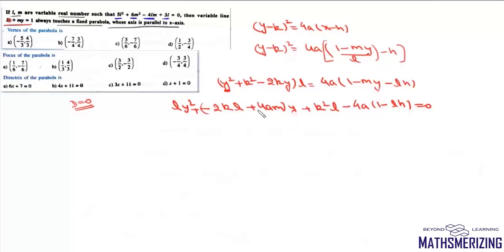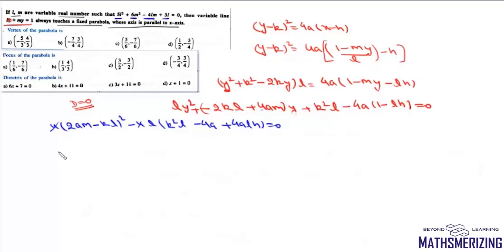So we'll take 2 common, so there'll be 4, and then 2am minus kL whole square, and then minus 4L times k square L minus 4a plus 4aLH equals 0. So this 4 and 4 will cancel.